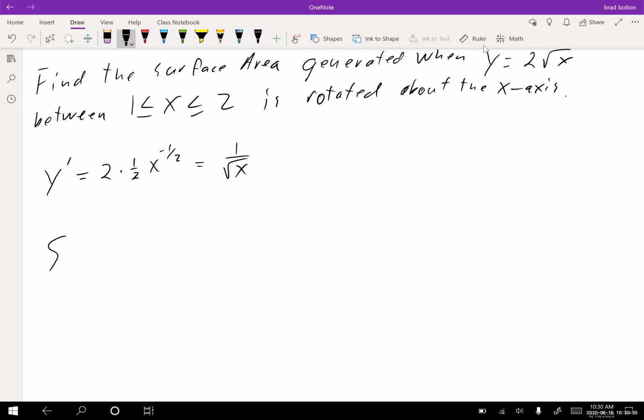So we know that surface area equals 2 pi times the integral from 1 to 2 of, let's see here, what's our radius in this problem?